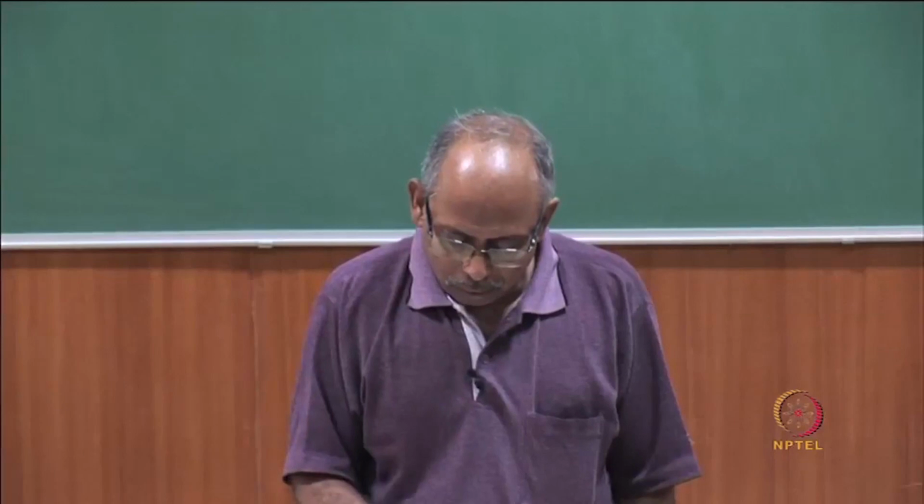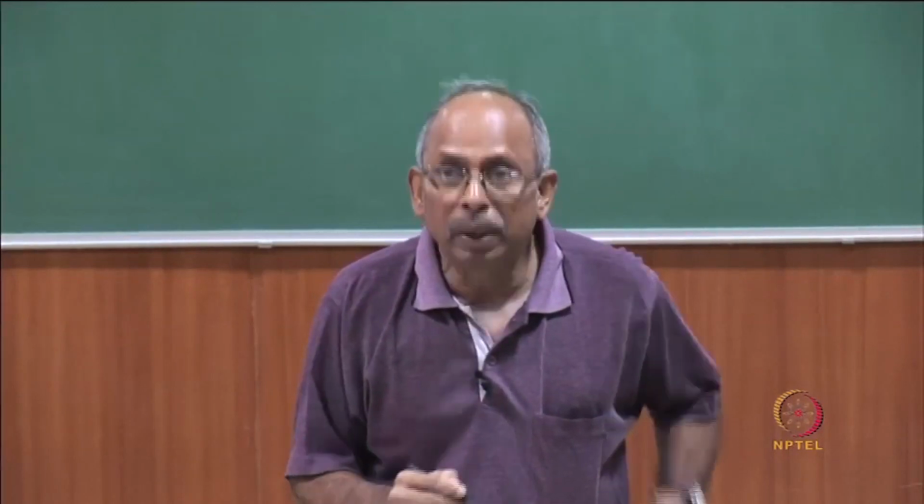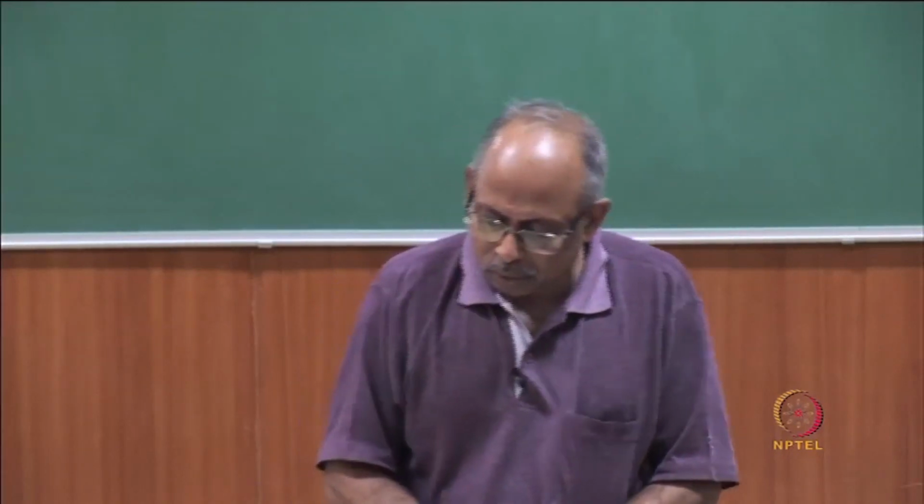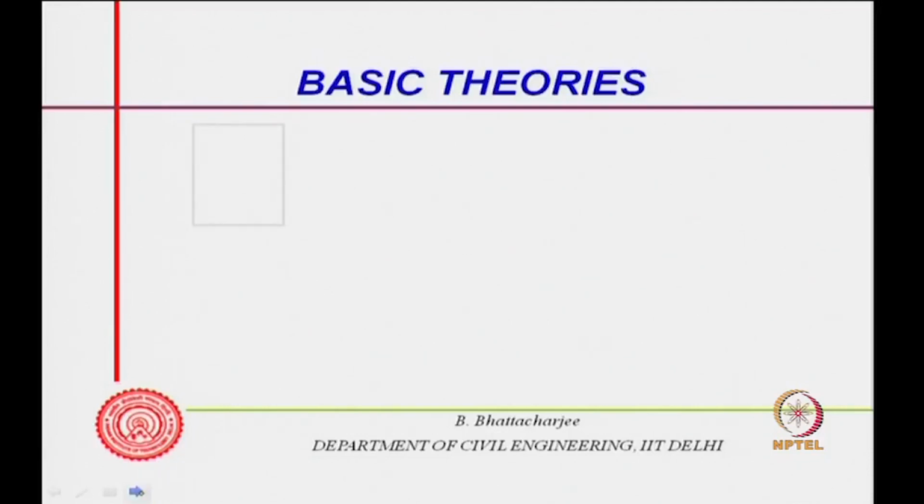So, we can now look into some details, but before that we can quickly look into some theories which we will discuss a little bit today. Supposing this is your material, that is your matrix as we call it, concrete matrix, and I have put some aligned fiber there.